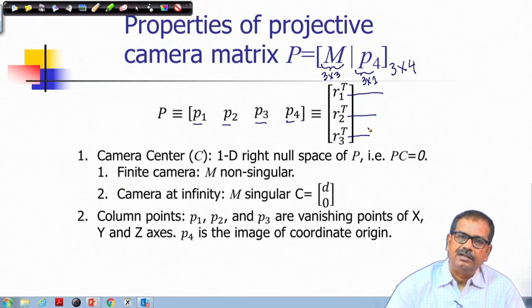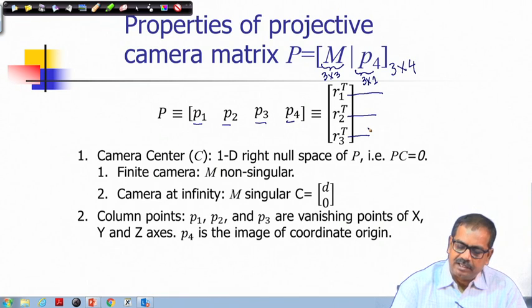All the image points are formed as the intersection of a ray connected to the center of camera with the image plane. But if the point itself is the camera center, you cannot form a ray. That is why there is no definition of the image of a camera center, and this can be translated mathematically in this form.